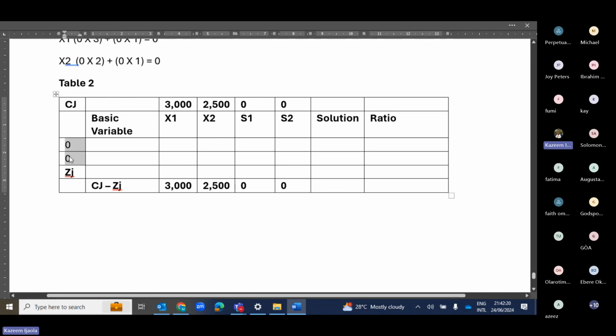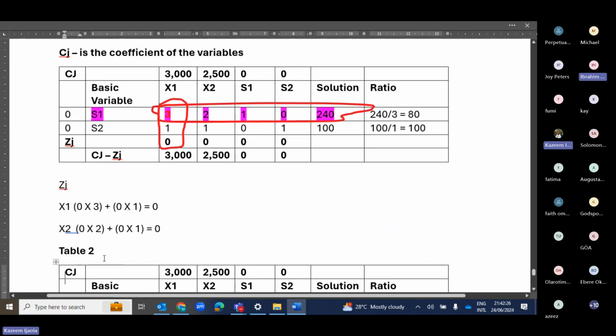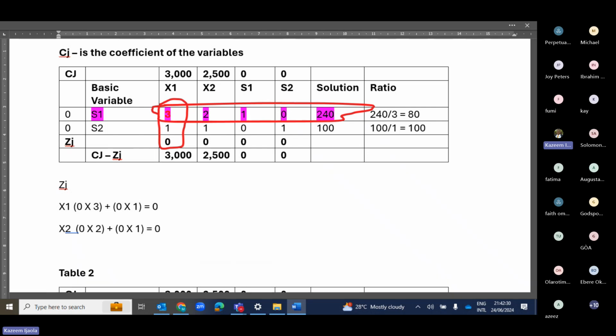So the one we are removing now in this table 1, who can tell me, I've told you already, what is the exiting column and what is the entry column? I mean, what is the entry key variable? Who can tell me the entry key variable? And who can tell me the exiting key variable? I've explained it already.